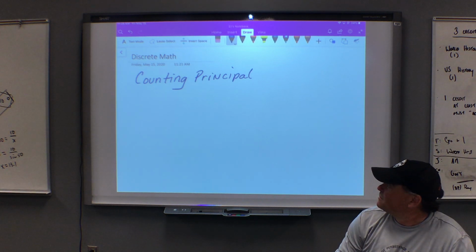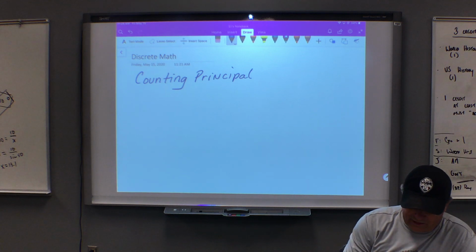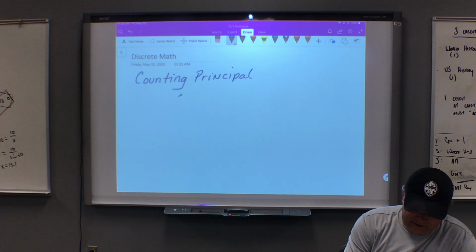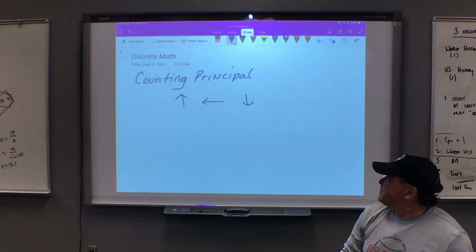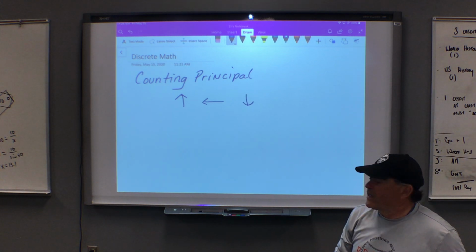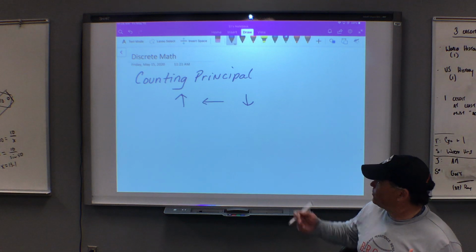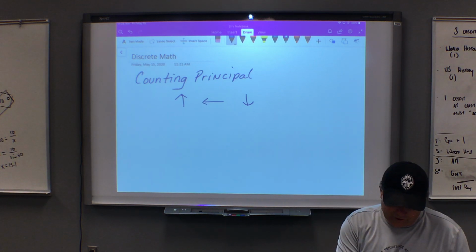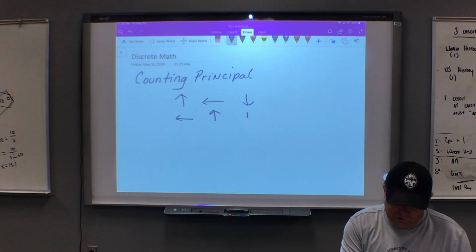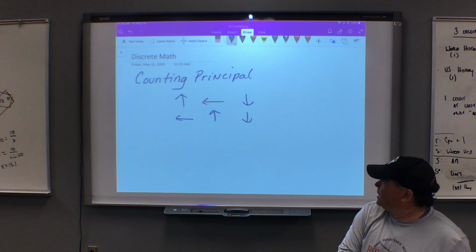certain objects. So, I've got an up arrow, a left arrow, and a down arrow. How many different arrangements could I put those things together? Well, obviously there's one. I could switch those two, there's a second one.